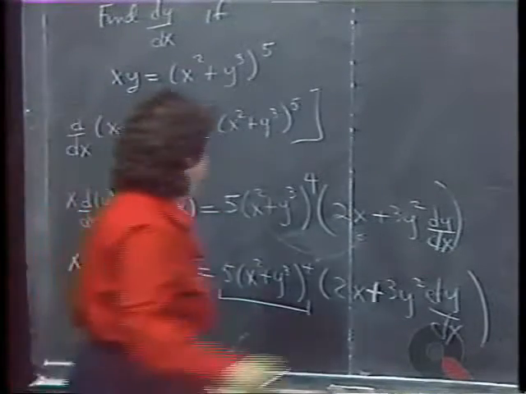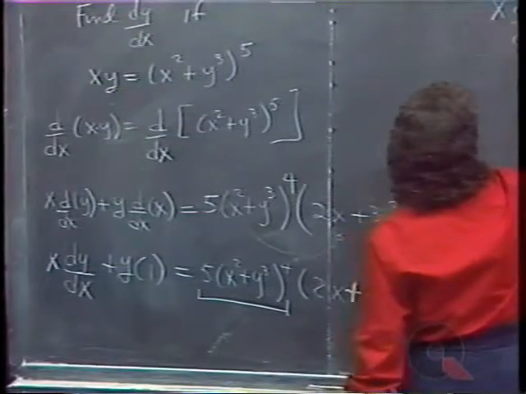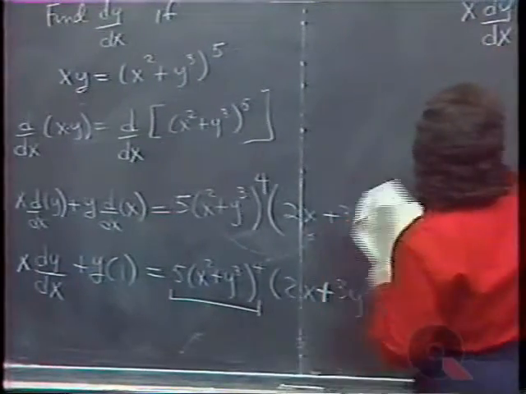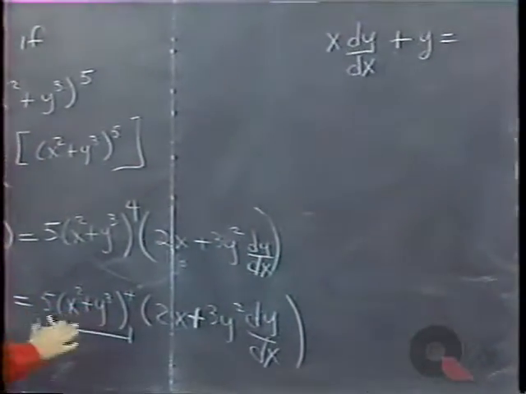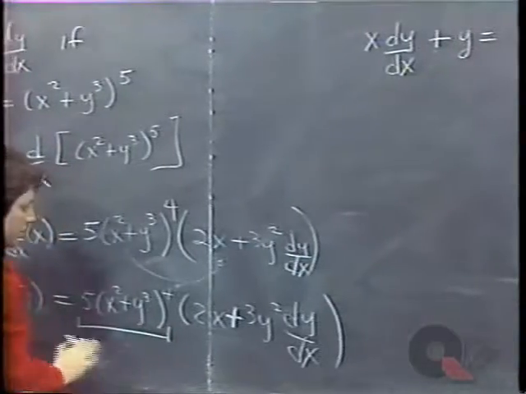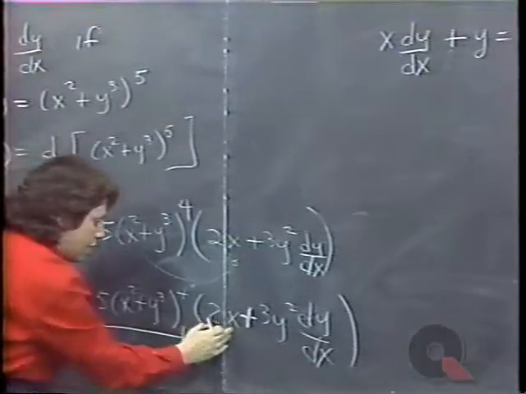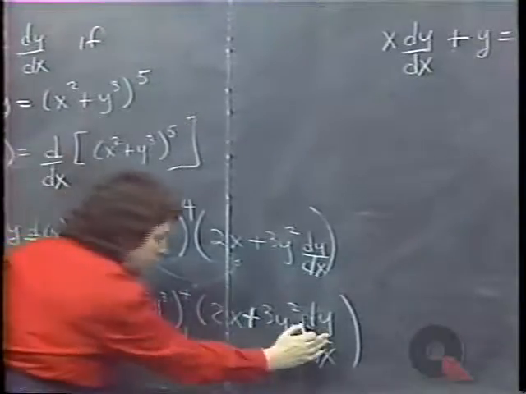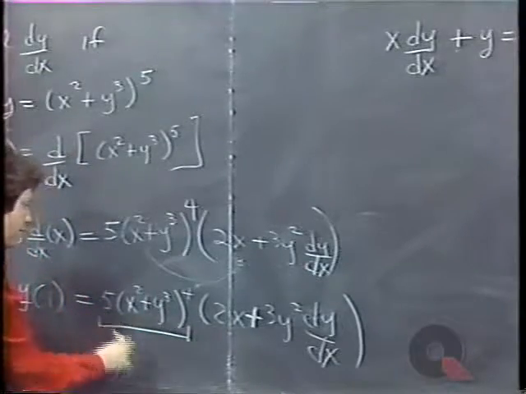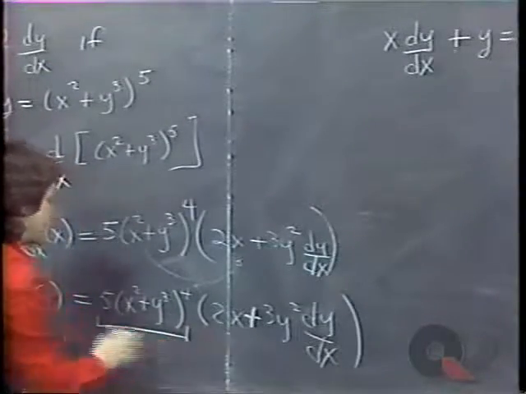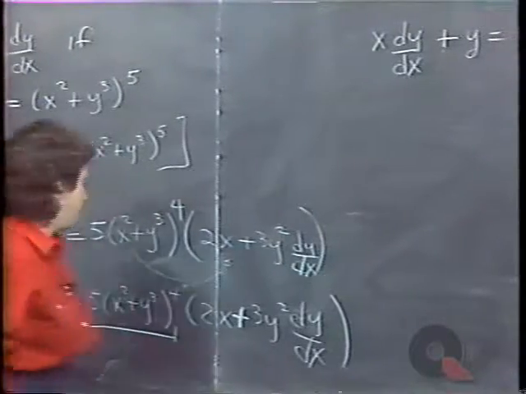So on the left side, we have x dy/dx plus y. And on the right side now, we're going to take this. Think of this as a times (b plus c). So it's going to be a times b plus a times c. A times b: 5 times this thing to a power times 2x. So 5 times 2x, that's 10x. It'll be 10x times that thing to a power.